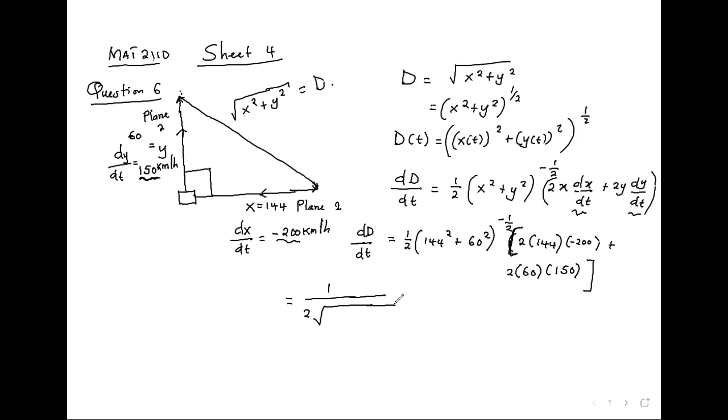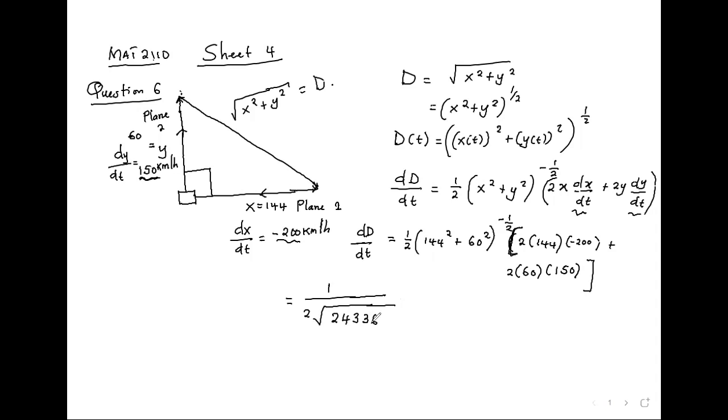Let's start the calculations. I'm ready for my calc. Okay, so 144 squared plus 60 squared, we get 24336.